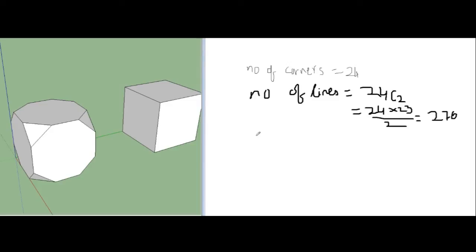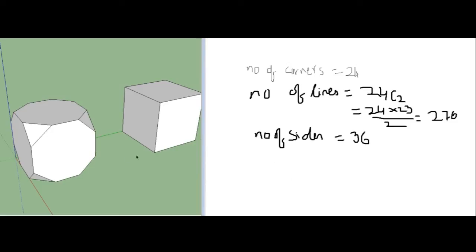So the number of sides or edges is 12 original sides plus 24 extra sides, which is equal to 36. So out of these 276 lines, 36 are sides of this figure which are not diagonals.